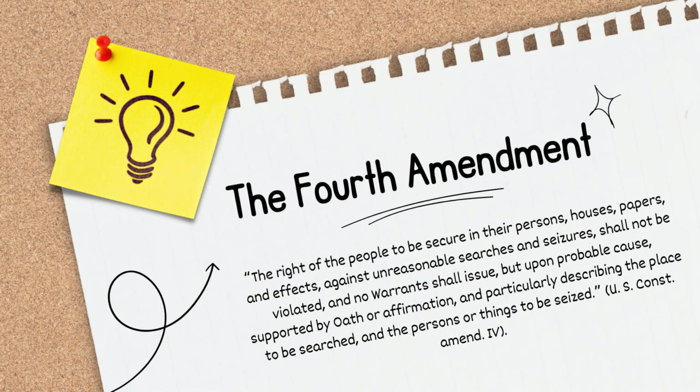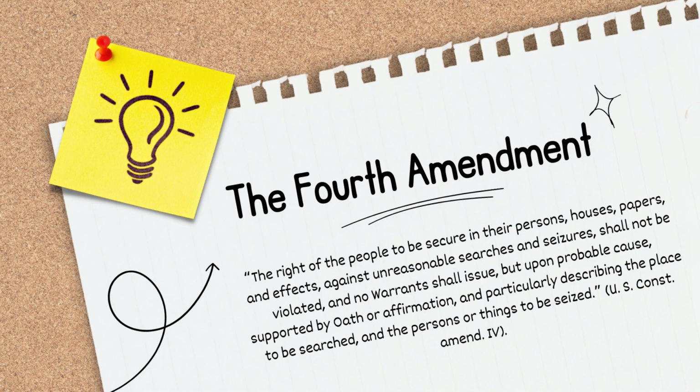A majority of this chapter focuses on the Fourth Amendment and how it relates to the issue of search and seizure. The Fourth Amendment reads, "The right of the people to be secure in their persons, houses, papers, and effects against unreasonable searches and seizures shall not be violated, and no warrants shall issue but upon probable cause, supported by oath or affirmation, and particularly describing the place to be searched, and the persons or things to be seized."